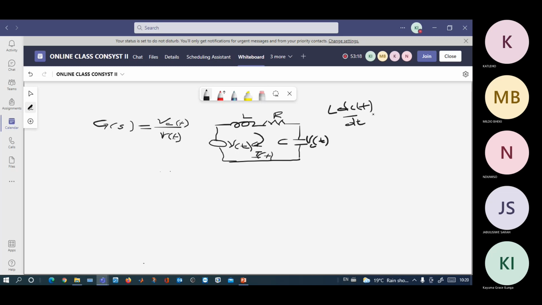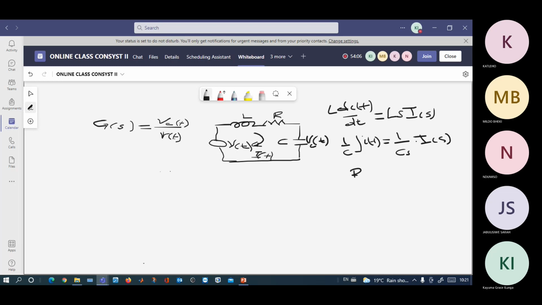Once we convert it to the frequency domain, this is going to be L S times I of S. And the capacitor, which is 1 over C integral of I of T, is going to be 1 over CS times I of S.